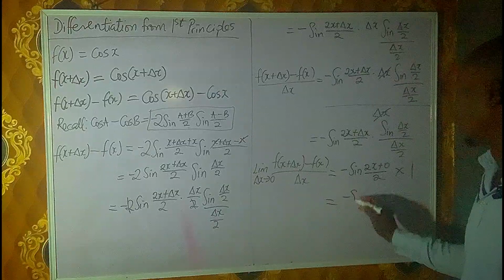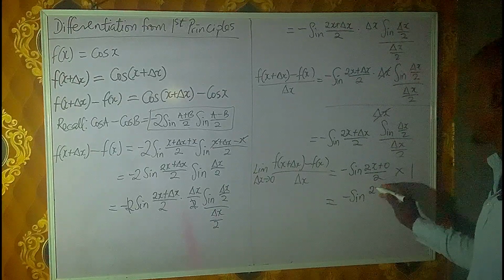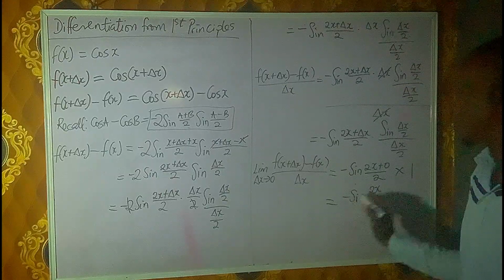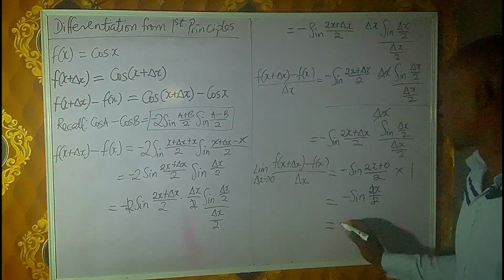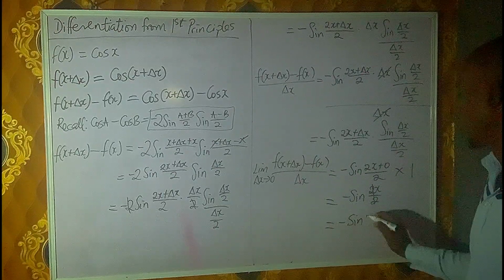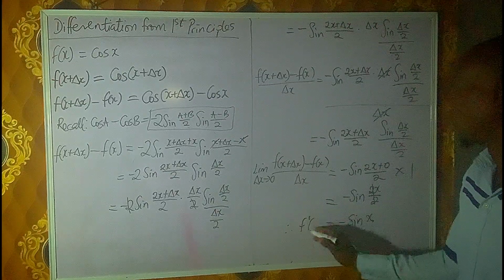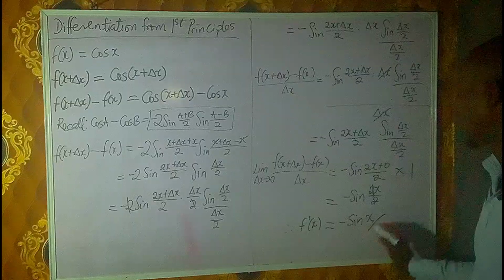So now I have minus sine 2x over 2, because 2x plus 0 is 2x. So these two cancel out, we have just x, that's minus sine x. So therefore we can say f prime of x is minus sine x.